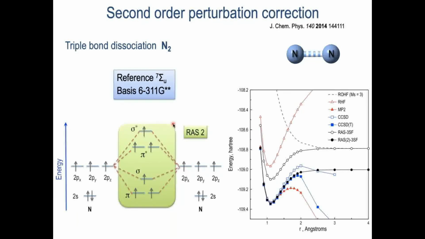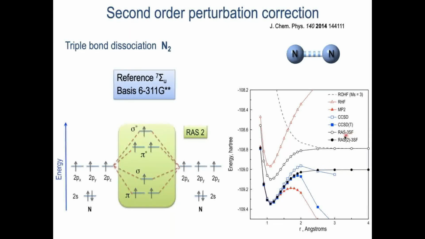So if we want to recover the ground state singlet along the dissociation, we have to apply an excitation operator that flips the spin of three electrons simultaneously. If we do that with the RAS spin flip method, we obtain a smooth profile, but it is quite a bit higher with respect to the energy that we might get with CCSD, for instance, or CCSD(T).